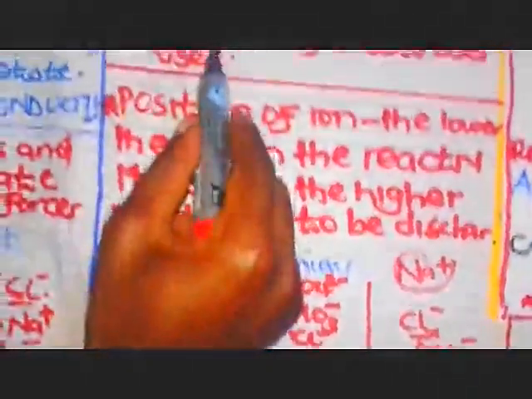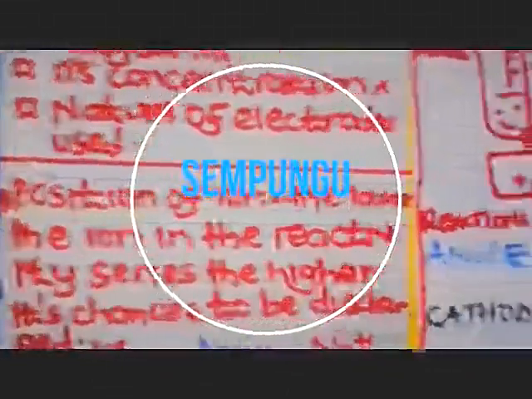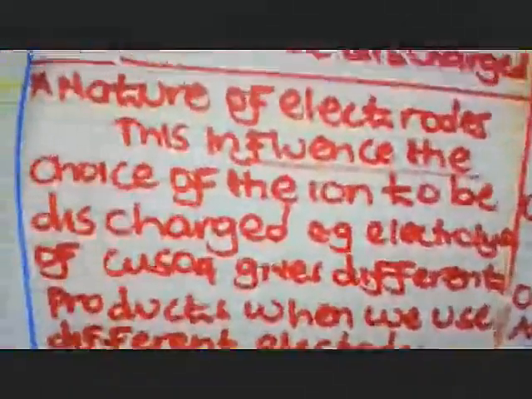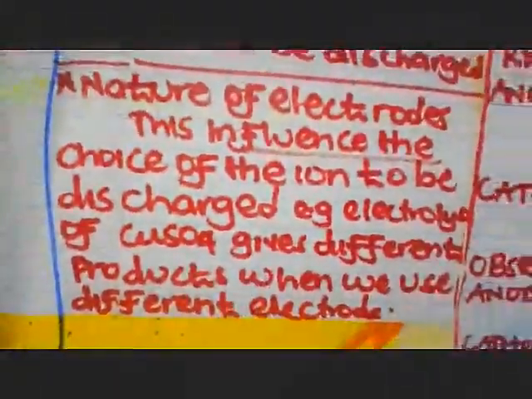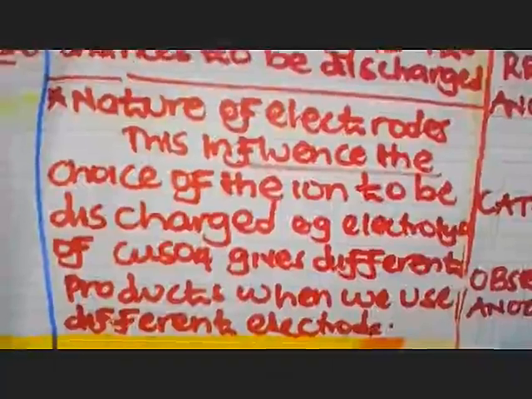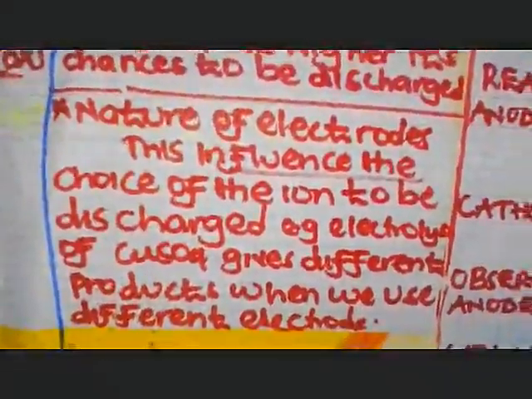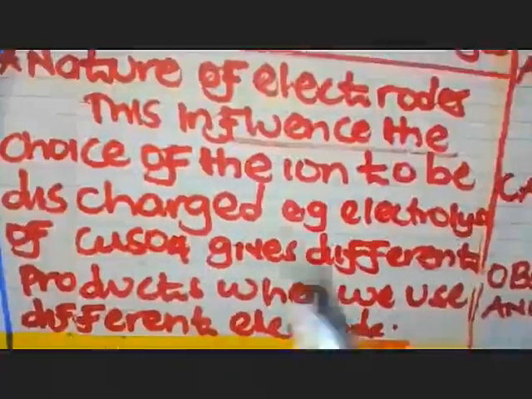Then the other factor is the nature of the electrodes. The nature of the electrodes always determines which ion is going to be discharged. This is observed, for example, when you are carrying out electrolysis of copper sulfate, as we are going to see as we move ahead. We can use copper electrodes, or we can use carbon, platinum or graphite electrodes.